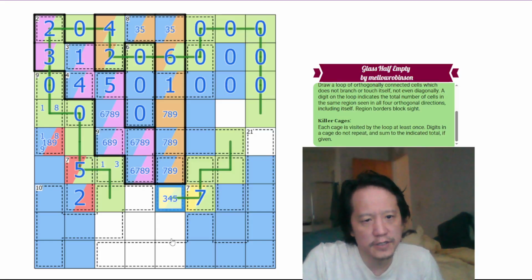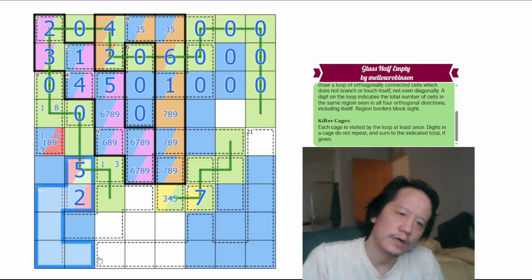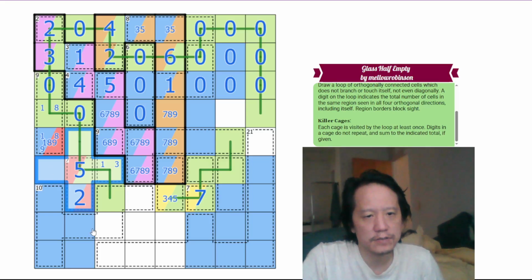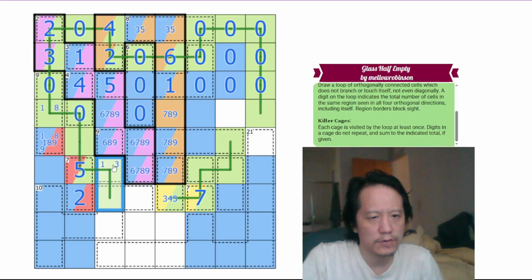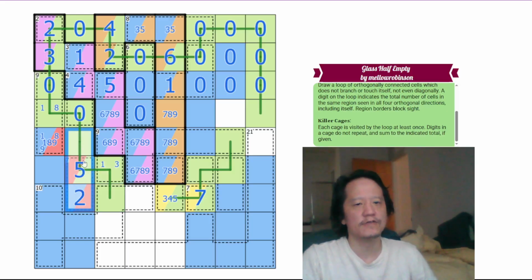To add up to 9. Oh. This can't be 3 unique digits here. So if all 5 of these were set, this could not see 4 or 5. So say these are the 5 that are set.